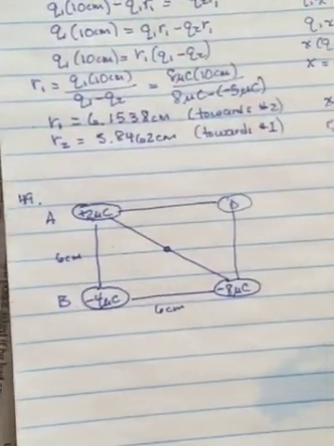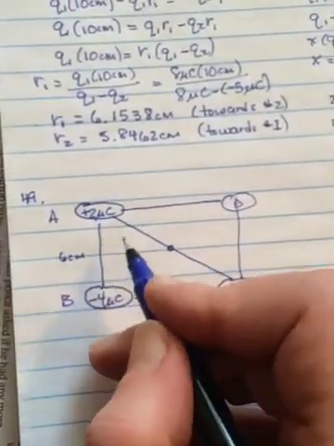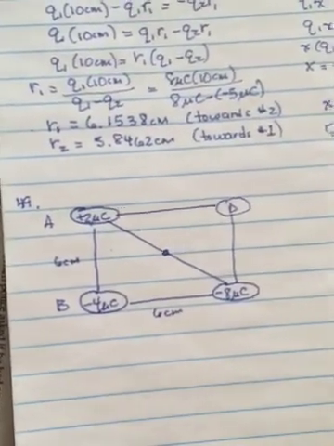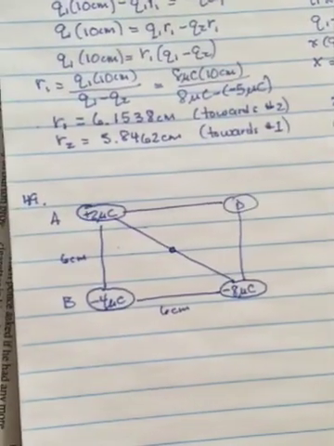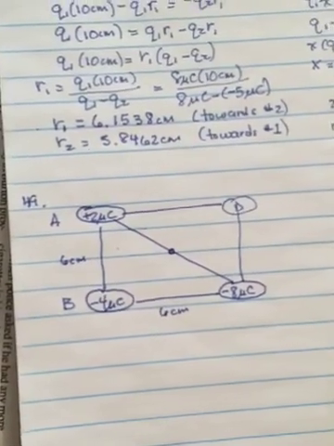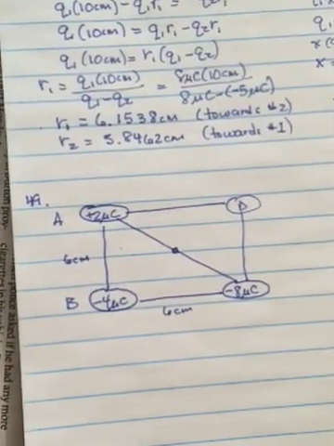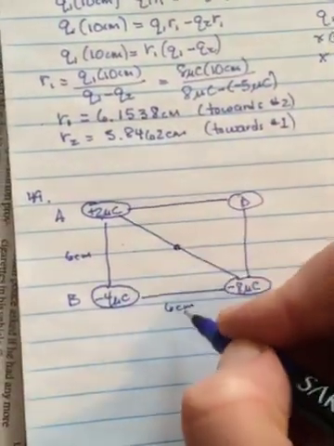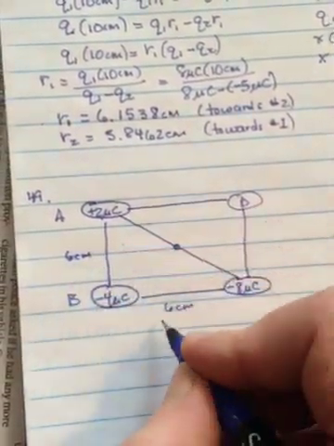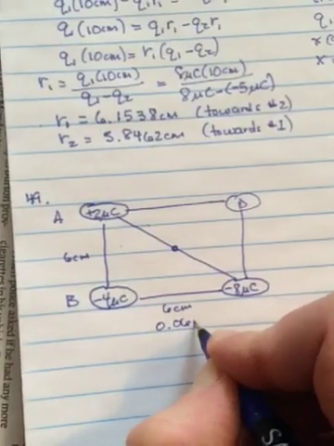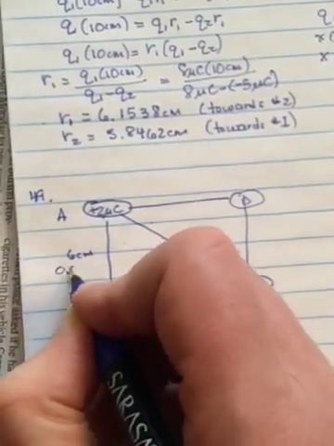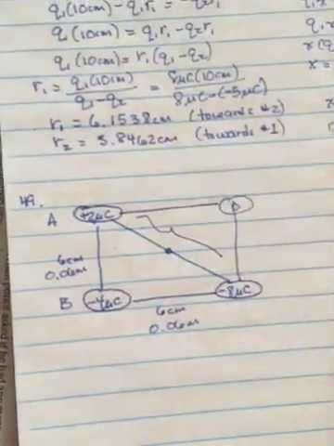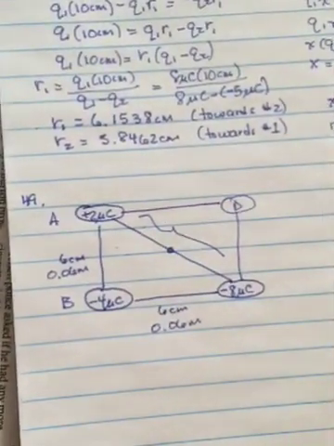All right, the next question I asked you to do was number 49. And 49 gives us 3 charges on 3 corners of a square. And it wants to know the electric potential difference at point M, the midpoint of the diagonals. So right here. So we know these two lengths are 6 centimeters, or 0.06 of a meter. Okay, and so from that you can find the full length of the diagonal by doing the Pythagorean theorem.